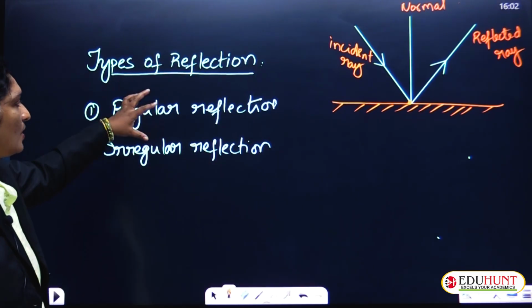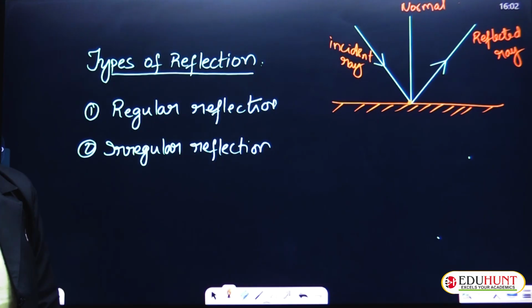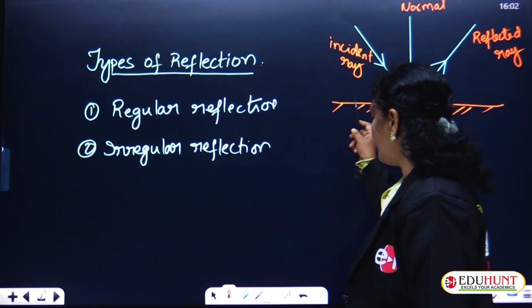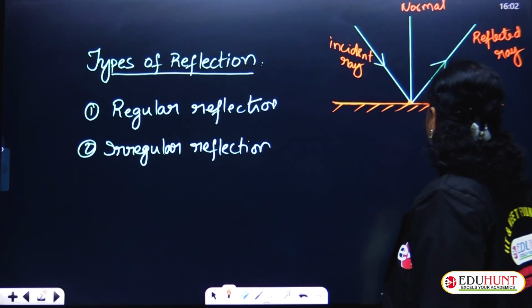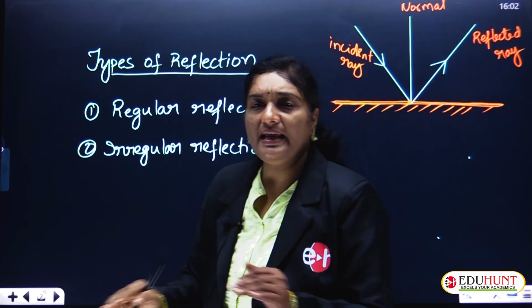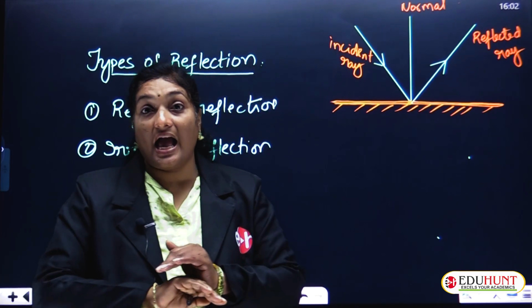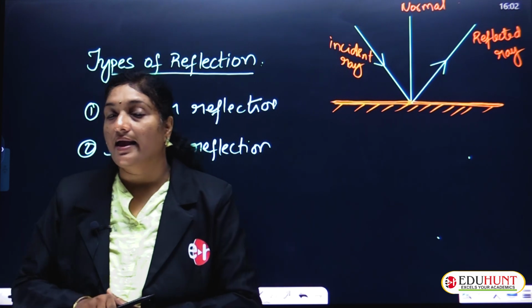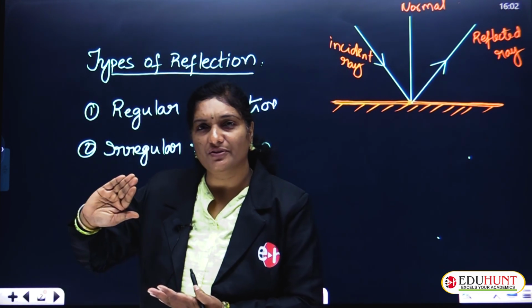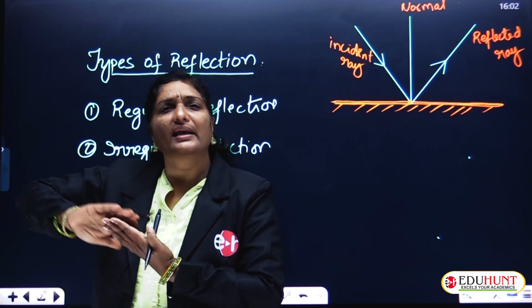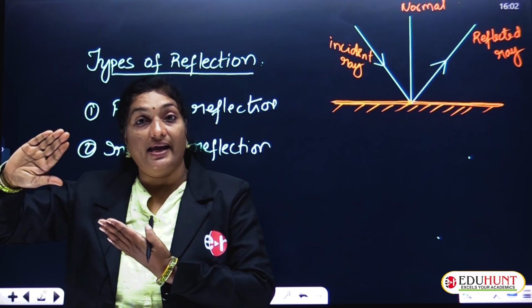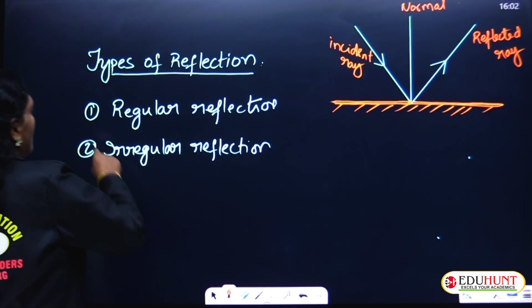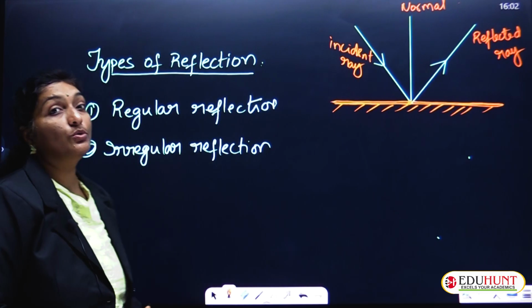Now, let us try to understand what makes the difference between a regular reflection and an irregular reflection. If the surface is well polished, highly polished and very smooth, just like the surface of a mirror, those types of surfaces are called smooth surfaces.